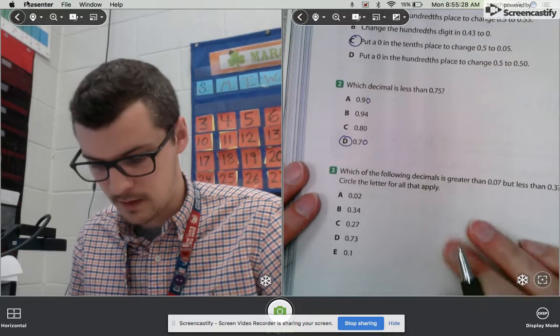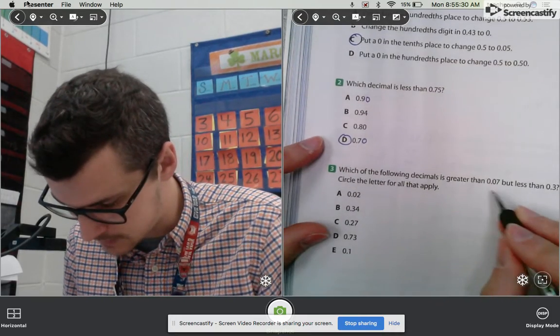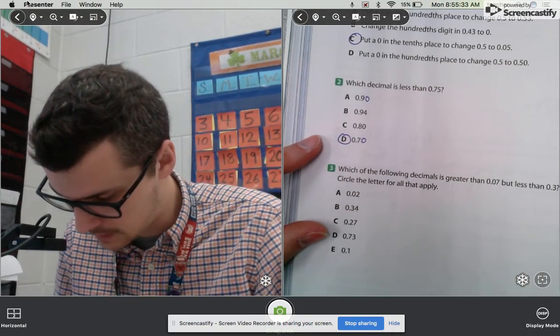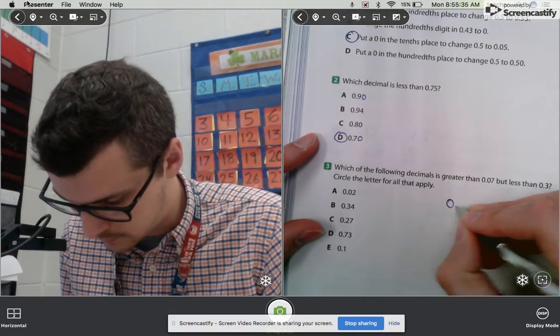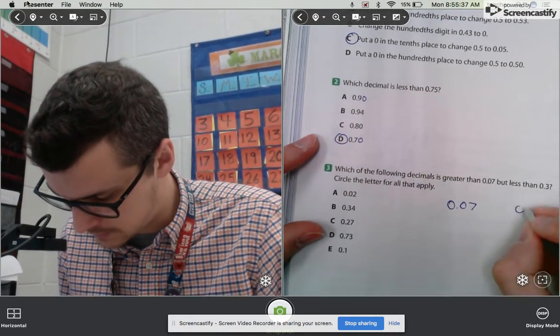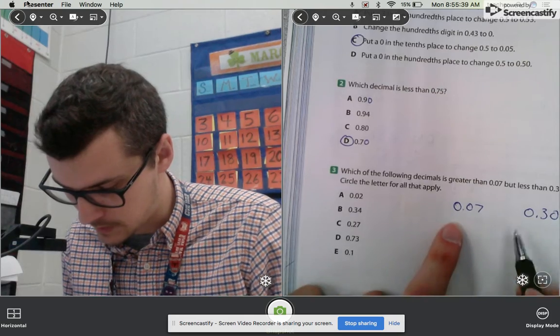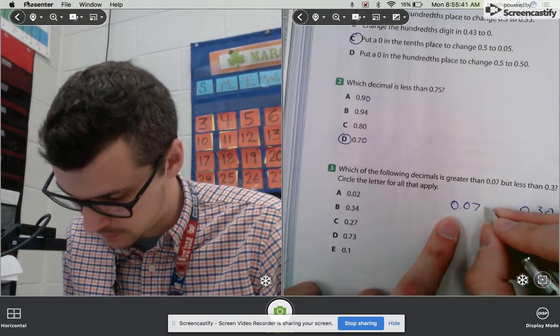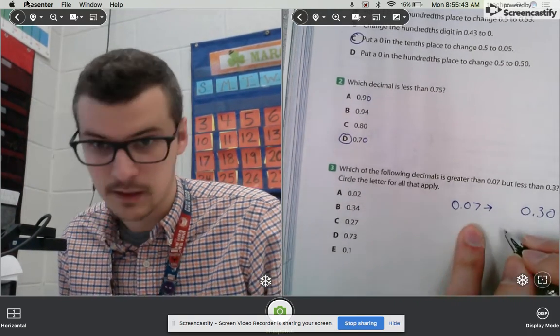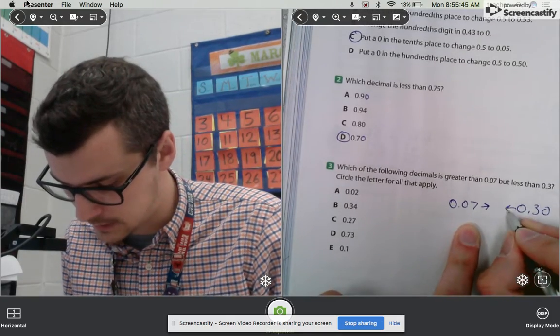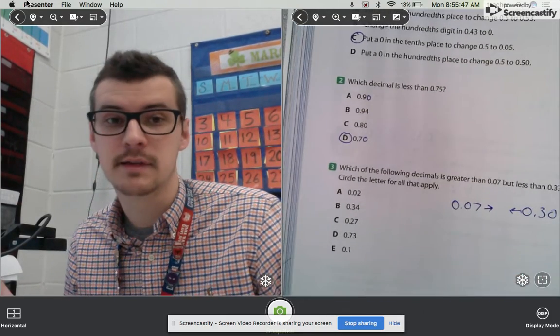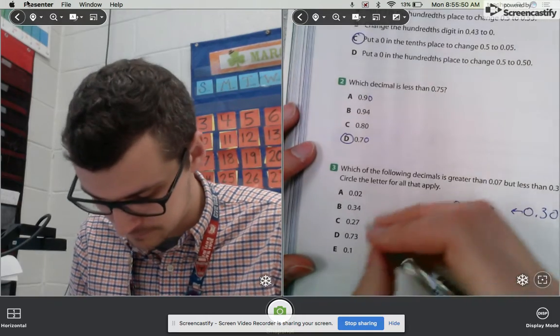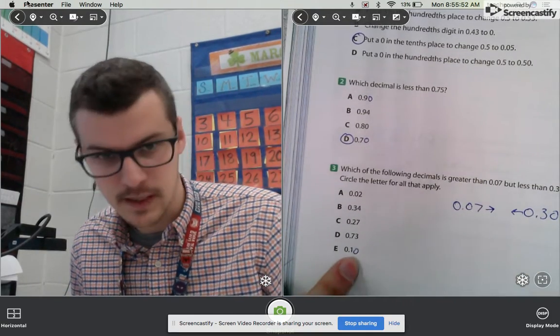Easy. Which of the following decimals is greater than 7 hundredths but less than 3 tenths? So 0.07 and 0.30. So we're looking for something that is greater than 7 hundredths but less than 30. So more than 7 cents, less than 30 cents. All of these are not on the same level until I put this one here.